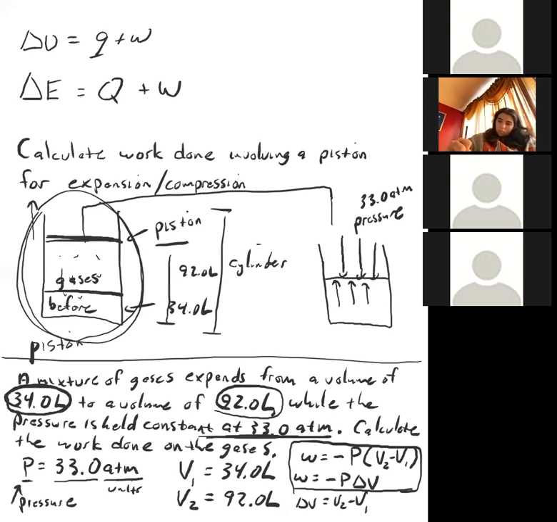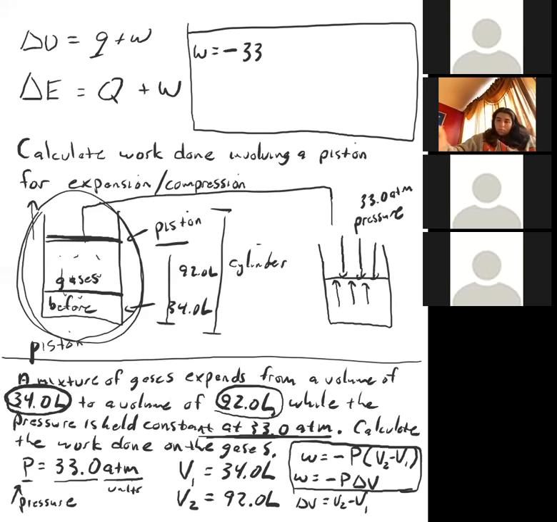Okay. So we're almost done. Now we just have to do the calculation. Don't forget the negative. W is minus P. So what's P? 33.0 atmospheres. And then what's V2 minus V1? 92 liters minus 34 liters. Okay.